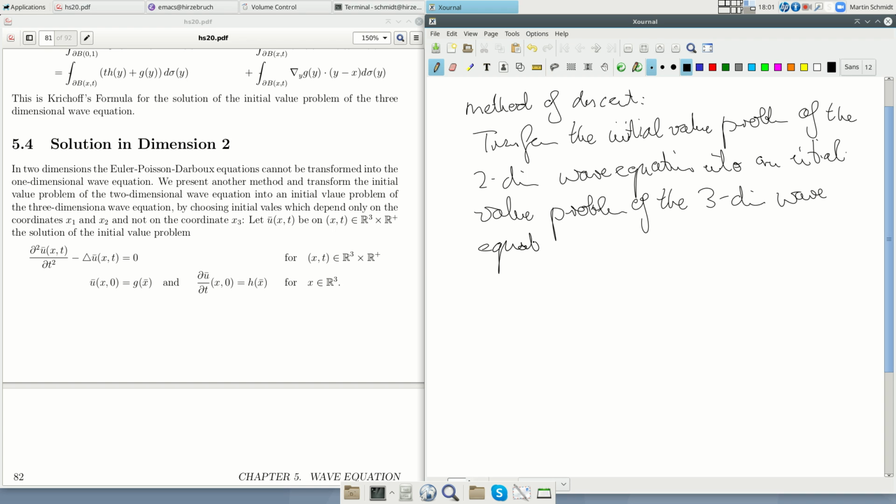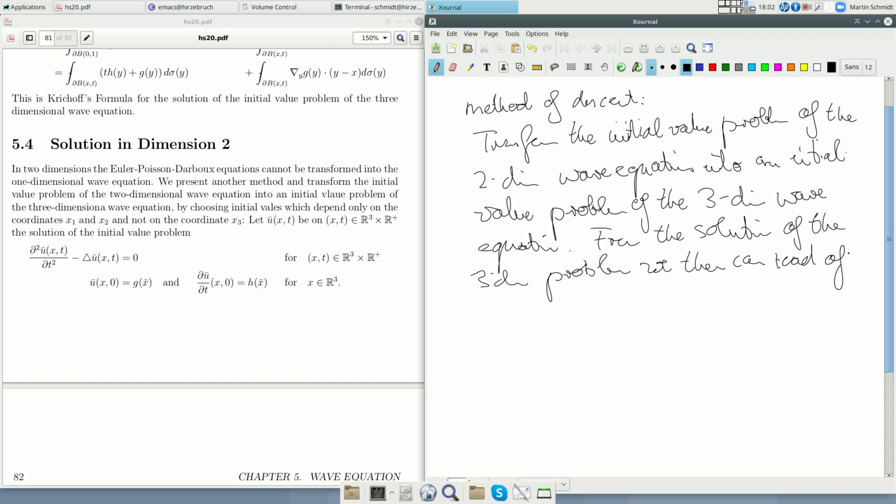And then we solve this three-dimensional problem, and then we can read off from the solution of the three-dimensional problem the solution of the two-dimensional problem.